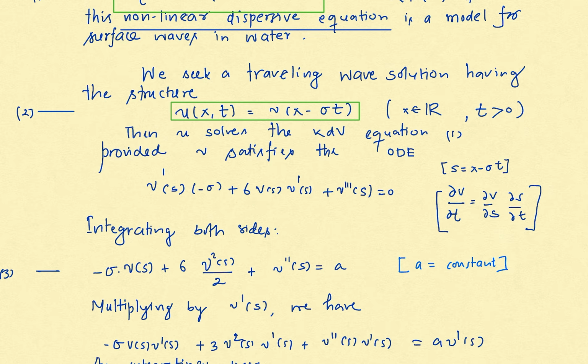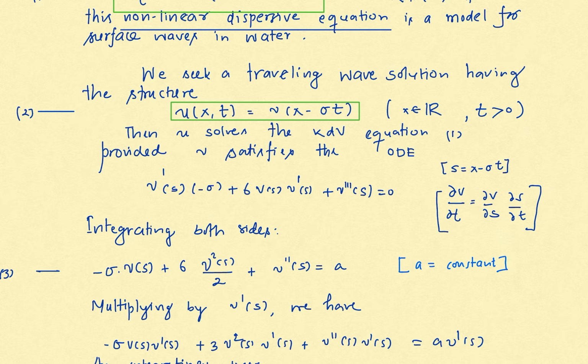If we set s equals x minus sigma t, then we have v as a function of s, and the equation becomes this one. The u sub t, meaning the derivative of u with respect to t, is the derivative of v with respect to t.